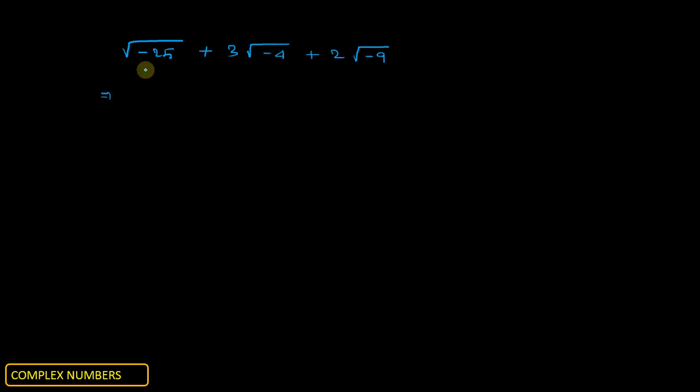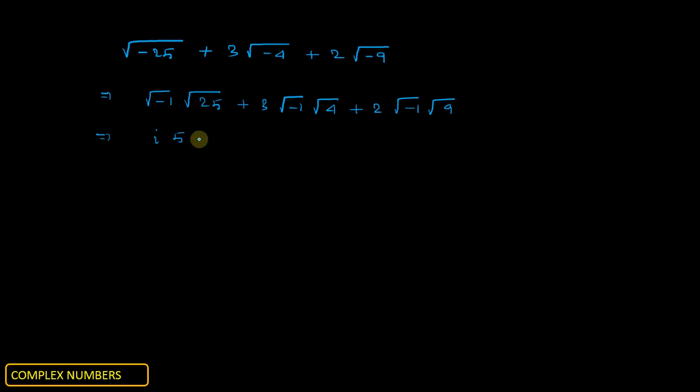So what will be the square root of -25? It will be the square root of -1 multiplied by the square root of 25, plus 3 multiplied by the square root of -4, which is the square root of -1 multiplied by the square root of 4, plus 2 multiplied by the square root of -1 multiplied by the square root of 9.